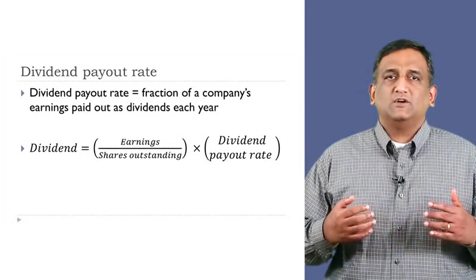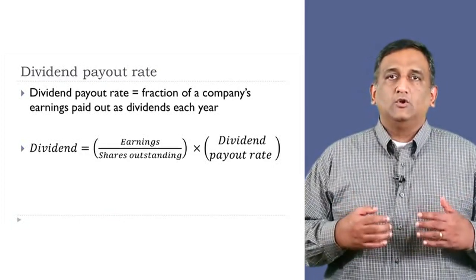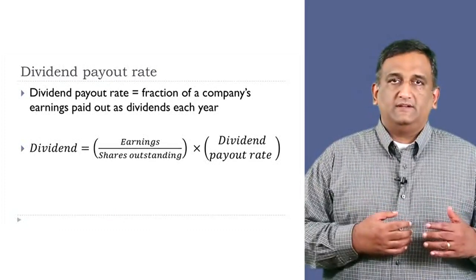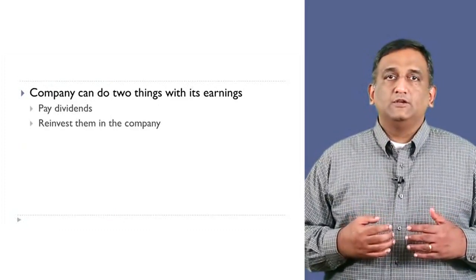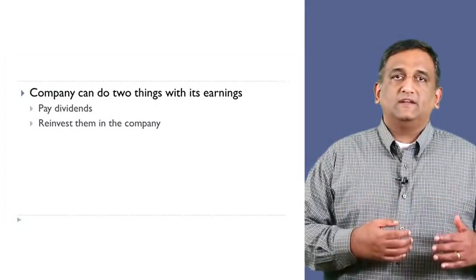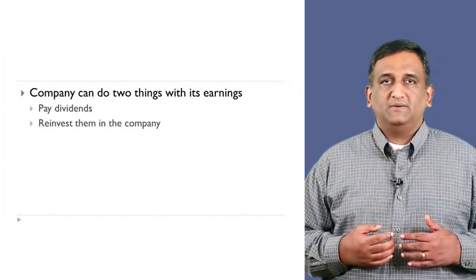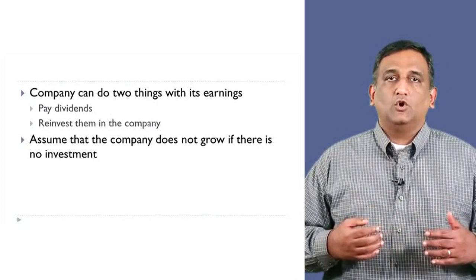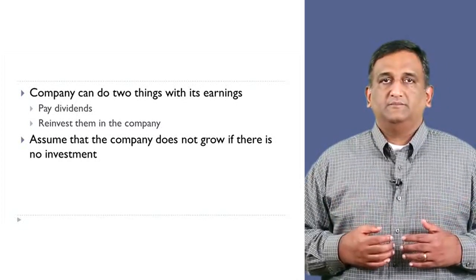Let's keep the shares outstanding fixed and look at only the trade-off between earnings and the dividend payout rate. A company can do two things with its earnings: pay them out as dividends or retain them and reinvest them in the company. Let's also assume that the company does not grow if there is no investment.